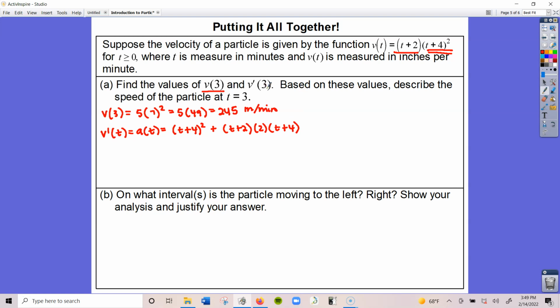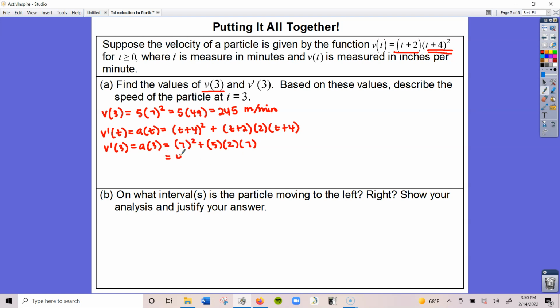In the end, all I care here is v prime of 3. I don't need an equation, like the question wasn't asking what is the equation for a of t. So I don't need to simplify this if I don't want to. I'm going to go ahead and just plug in the 3. So v prime of 3, which is my acceleration when t is equal to 3, is going to be 3 plus 4, so 7 squared, plus 3 plus 2, which is 5, times 2, times 3 plus 4, which is 7.